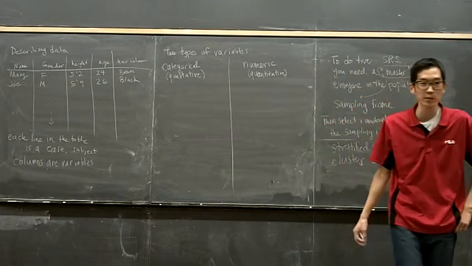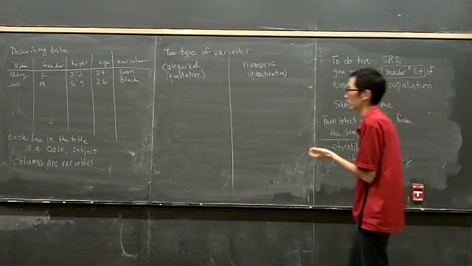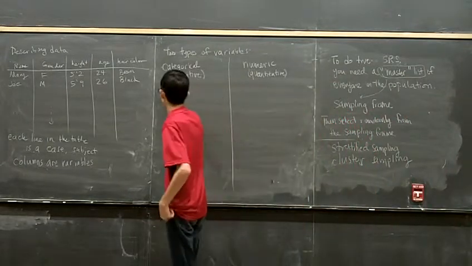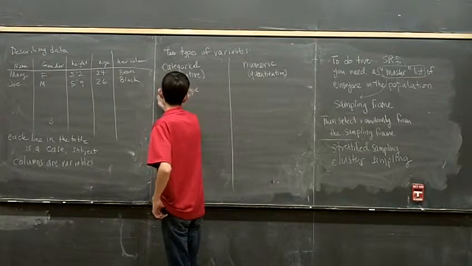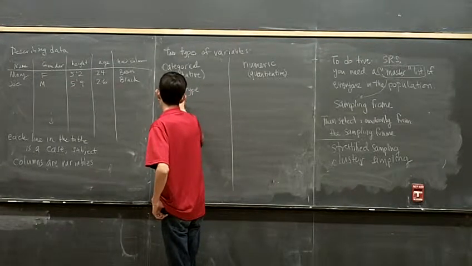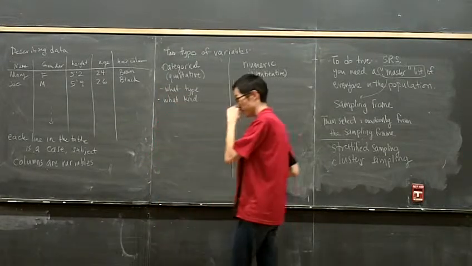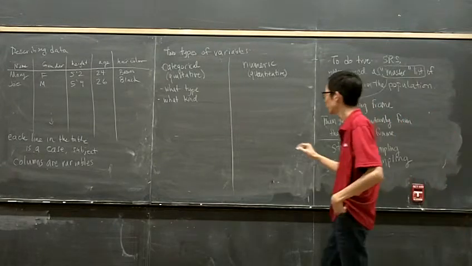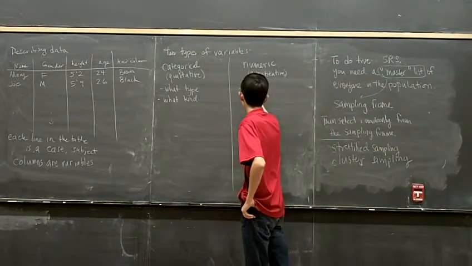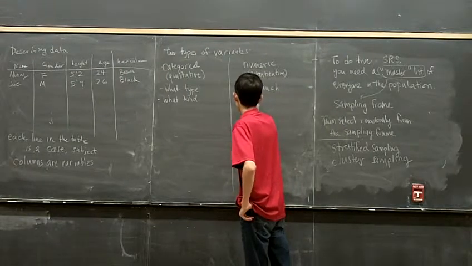Categorical variables and numeric variables. Categorical variables tell us what type or what kind. Numeric variables tell us how much or how many.